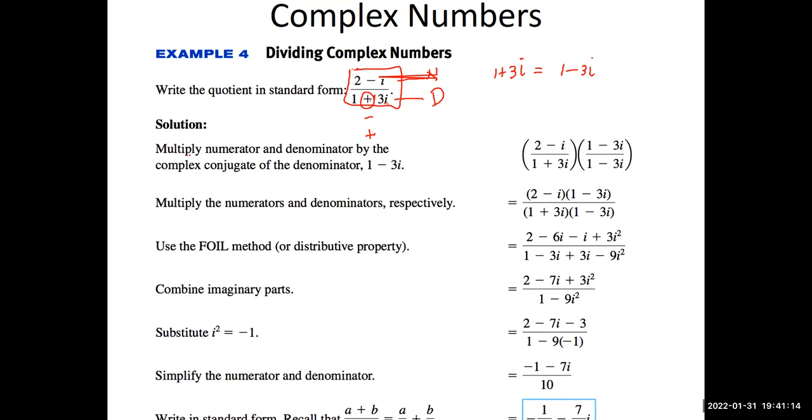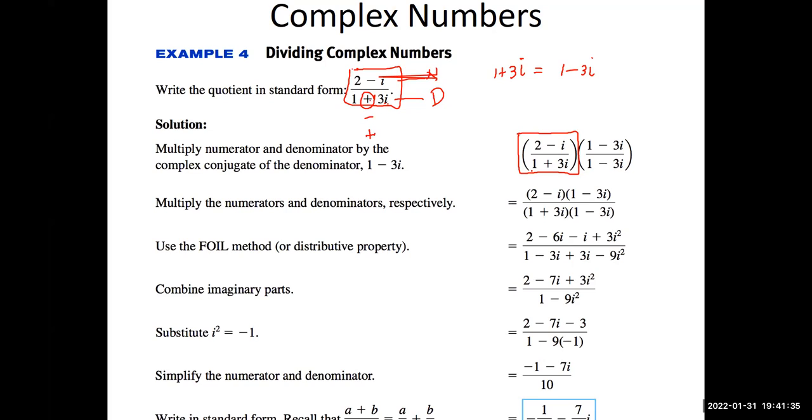So this is now the original equation. We are dividing these terms, and then we multiply by the complex conjugate of the denominator.